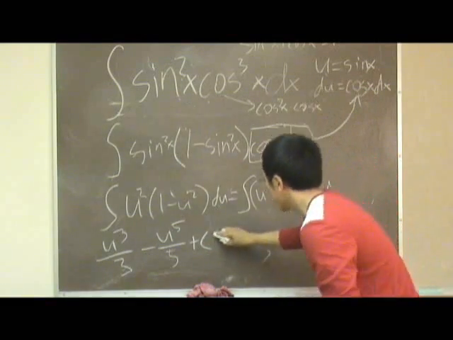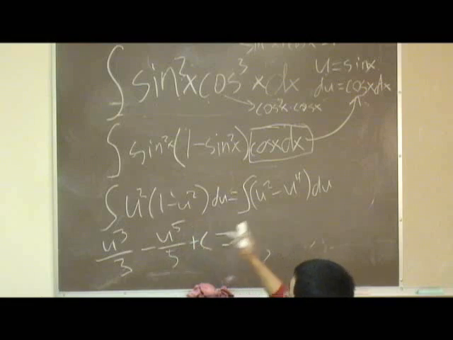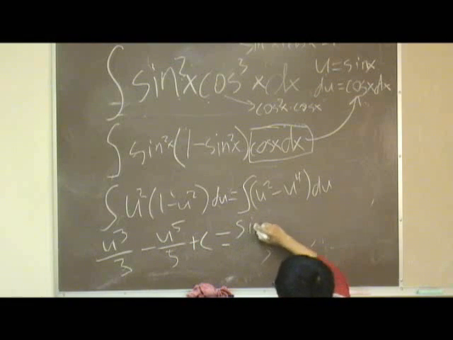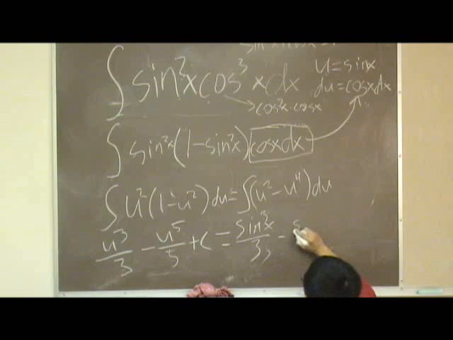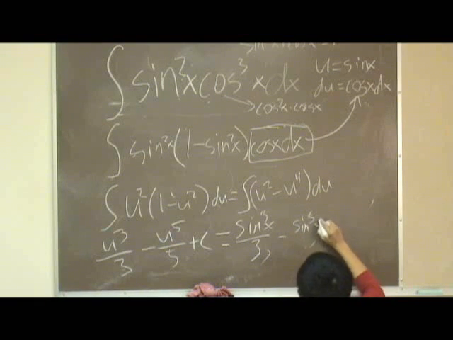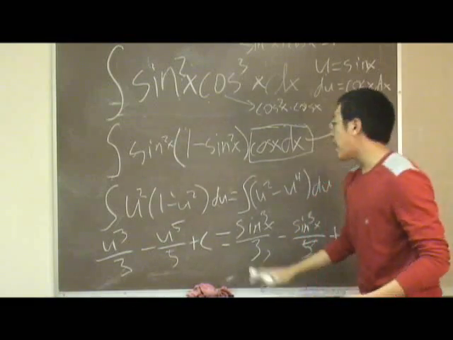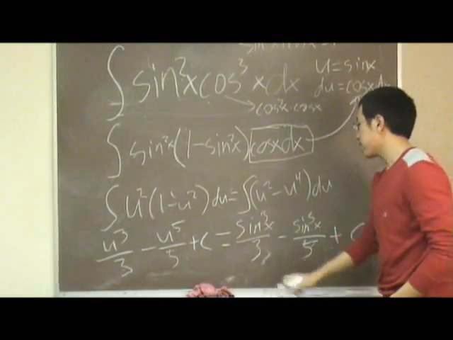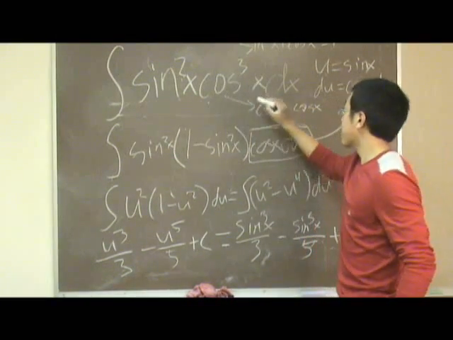So doing that, u to the third over 3 minus u to the fifth over 5 plus c would give you sine cubed of x over 3 minus sine to the fifth of x over 5 plus c. And that is your final answer for the integral of sine squared of x cosine cubed of x dx.